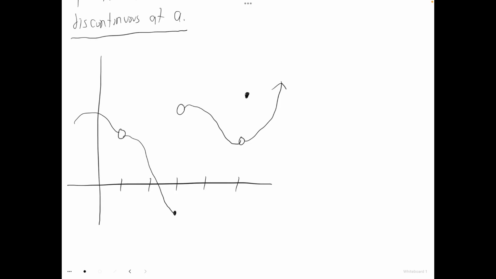And so we have the following graph of the function f of x. And now in this graph, there are three places where this function f is not continuous, or where it's discontinuous.